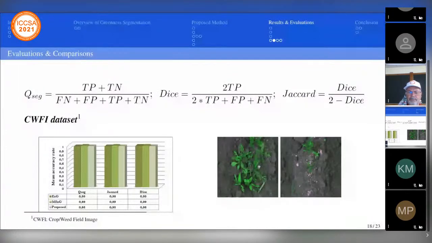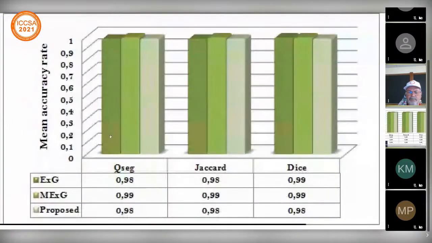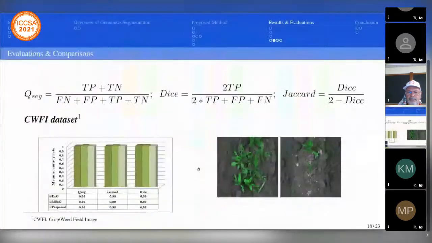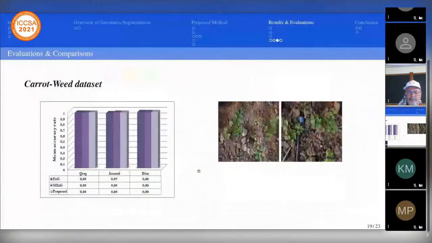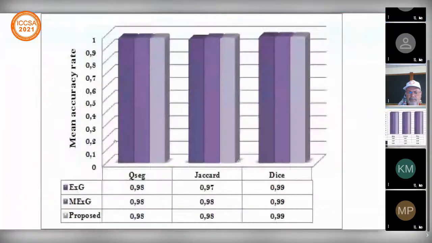We note that the three methods give a good segmentation accuracy of about 98%. The second considered database is taken in outdoor light conditions, but good conditions. We notice that the soil contains some residues, artificial residues. Here also, the three algorithms give good segmentation performance.